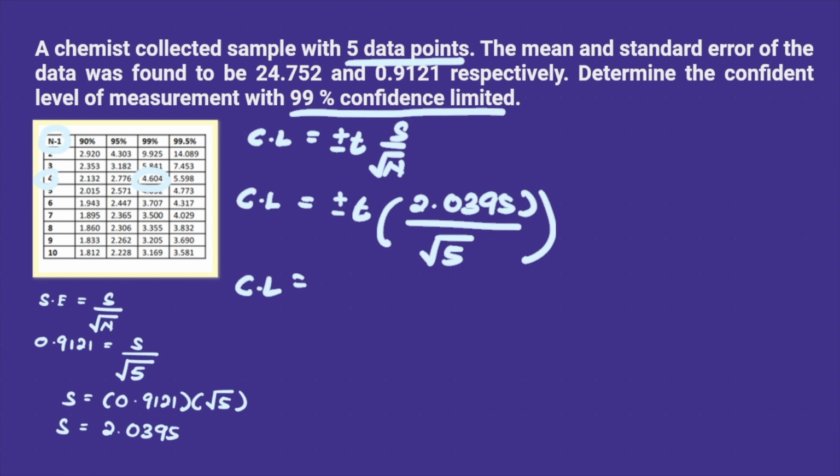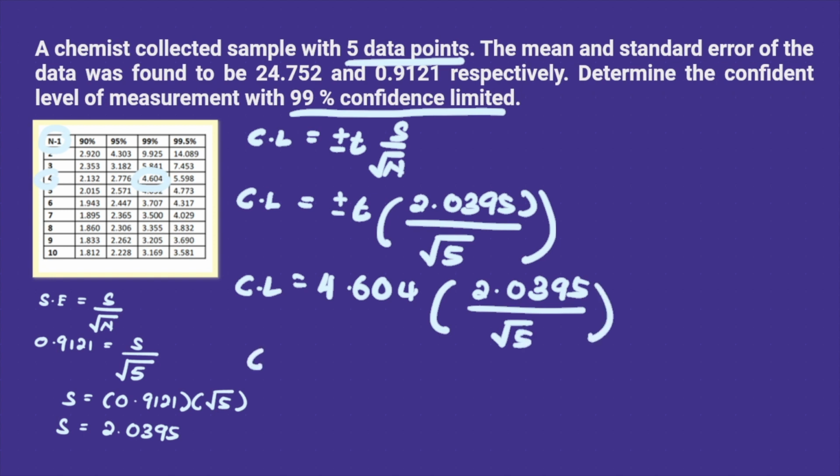Therefore, your plus minus t will be equivalent to 4.604 times your standard deviation 2.0395 divided by the square root of 5. So you will get your confidence level equivalent to 4.193993.